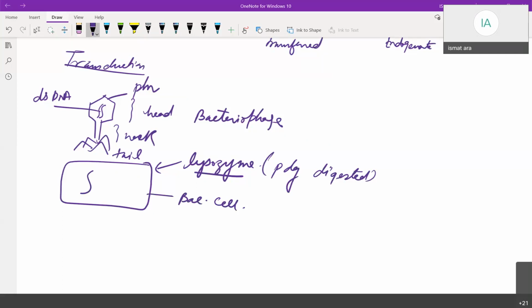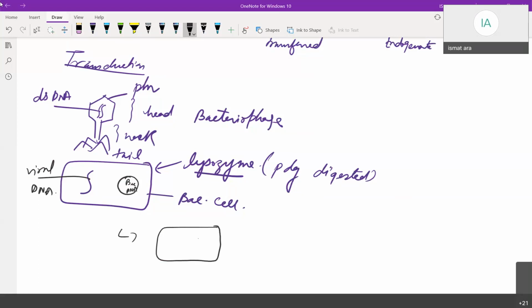Now the bacteria contain its own DNA, students. Suppose this is the bacterial own DNA, and this is viral DNA. So when infection takes place, what will happen, student?